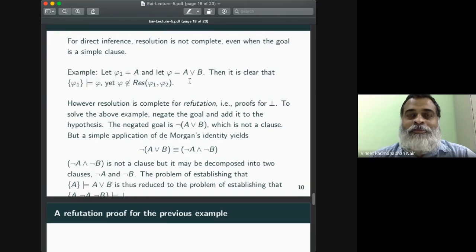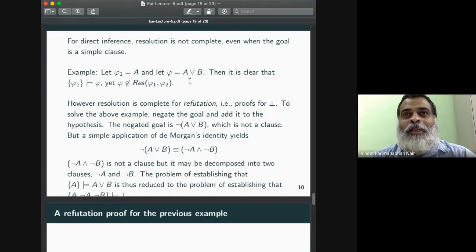Second thing, you want to prove A or B follows from A. What you usually do in proof by contradiction is you take the negation of the conclusion and show that the original one you started with ends up in a contradiction. Therefore, the negation is false, whereas the non-negation will be true. This was the idea, proof by contradiction.